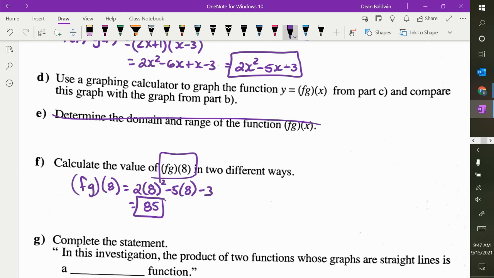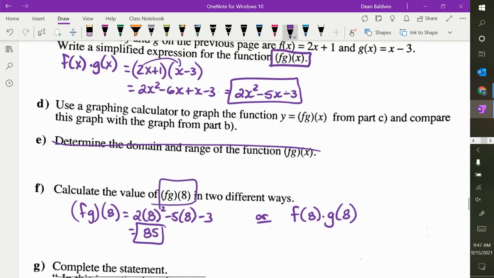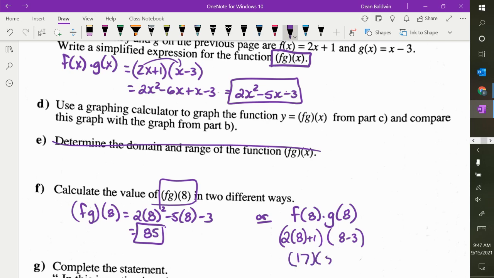What's the other way to do it? You could go f of 8 times g of 8. So f of 8, what's f? 2x plus 1, so 2 times 8 plus 1 times g, which is 8 minus 3. That's 16 plus 1 is 17 times 8 minus 3 is 5. 50, 30, yeah.